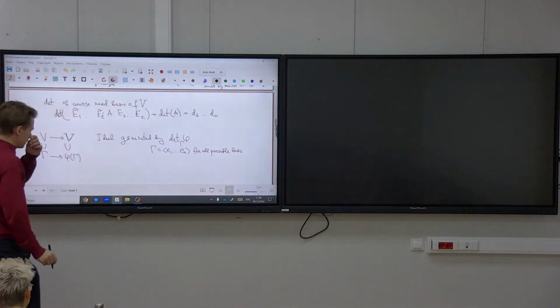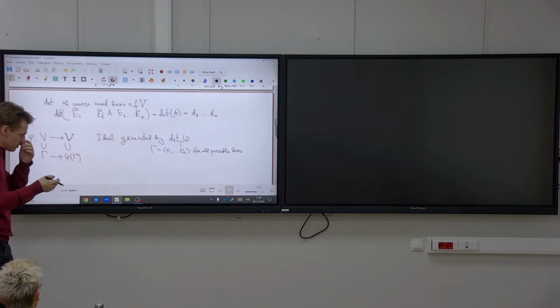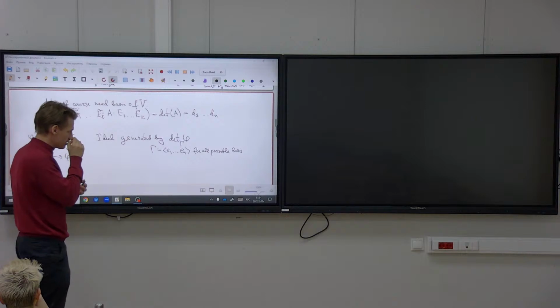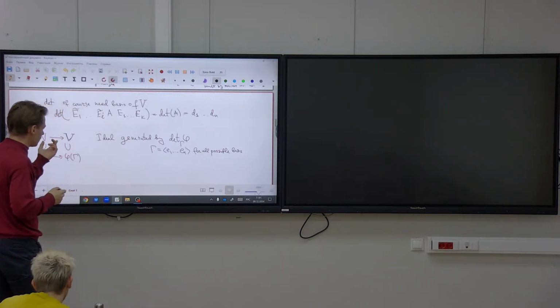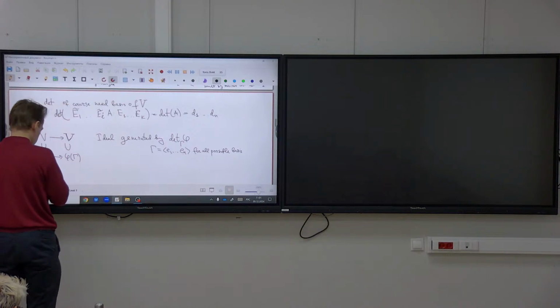And so you are generating an ideal, and now this is a well-defined notion. It doesn't depend on the lattice gamma, so it runs over all bases. So the question is why it is the same notion as chi of gamma over gamma.